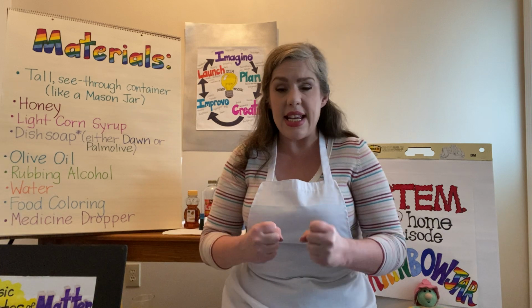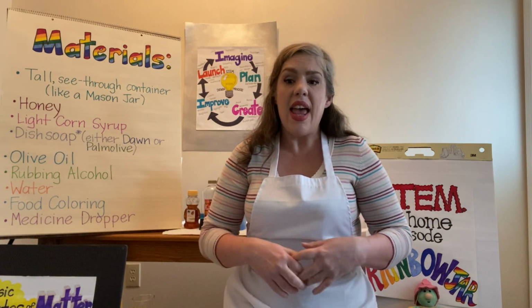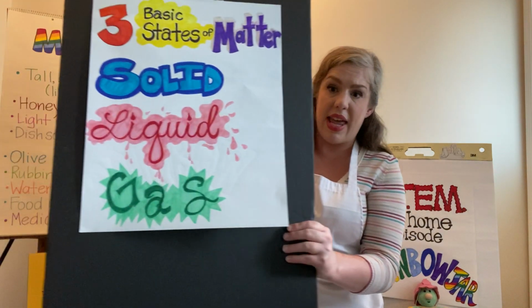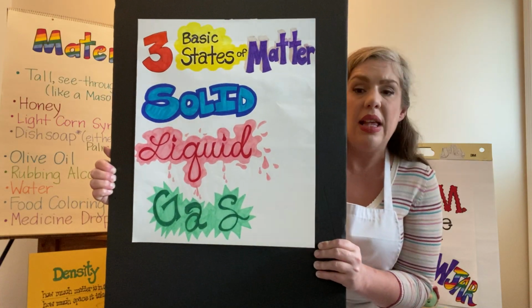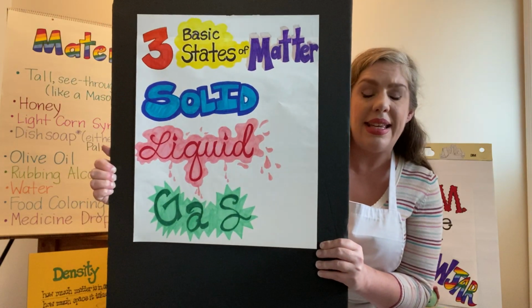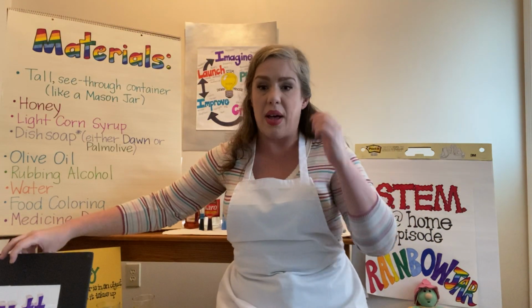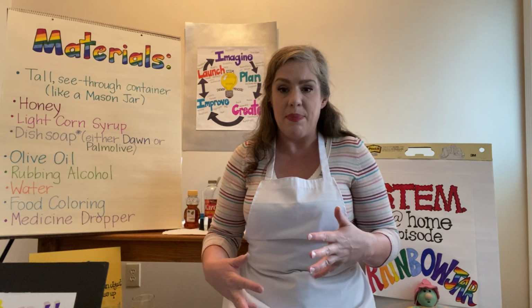Those teeny tiny atoms and molecules behave in different ways according to the type of matter that they are. So you have solid molecules, liquid molecules, and gas molecules, right? Well, I'm going to show you or demonstrate to you how these states of matter act.